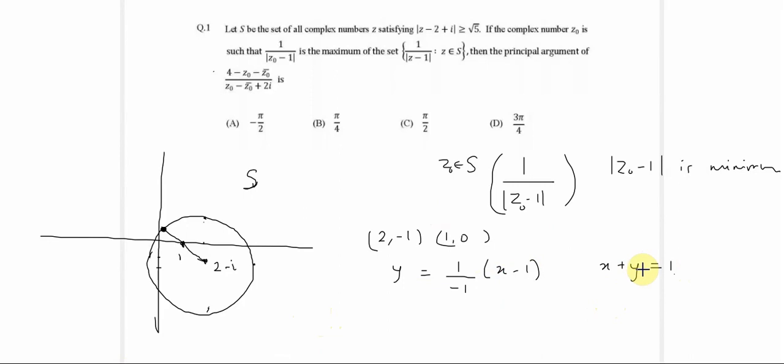We need to put this value in the circle equation, which is x minus 2 the whole square plus y plus 1 the whole square equal to 5. That's the equation of the circle. Let's substitute x equal to 1 minus y: minus y minus 1 the whole square plus y plus 1 the whole square equal to 5.